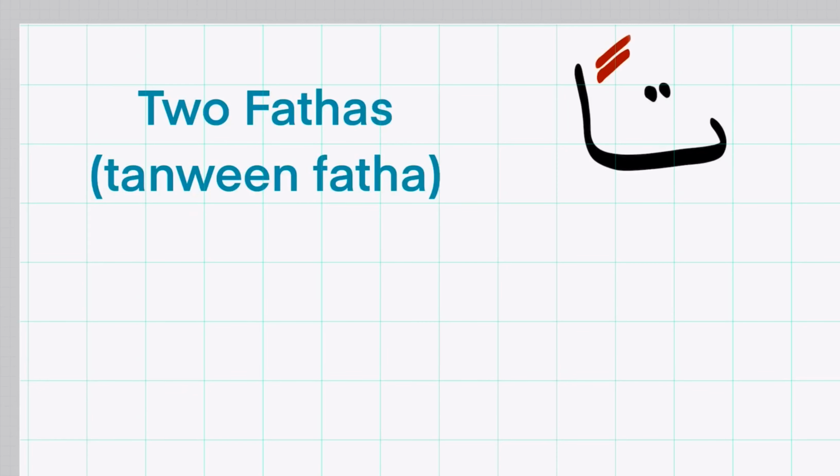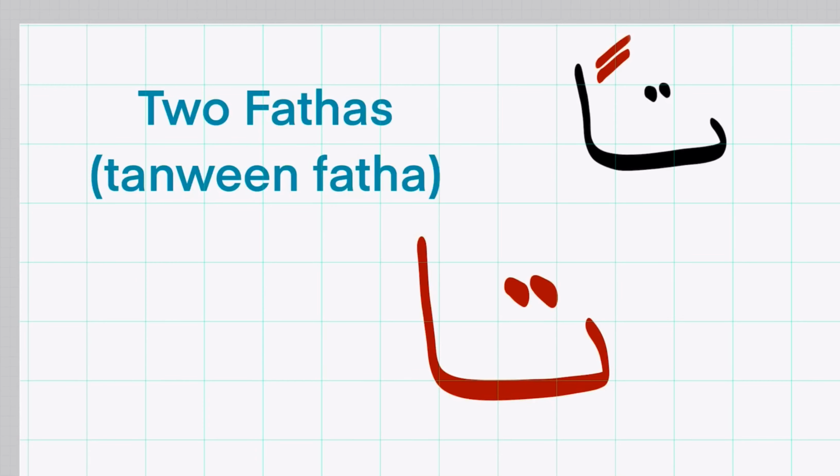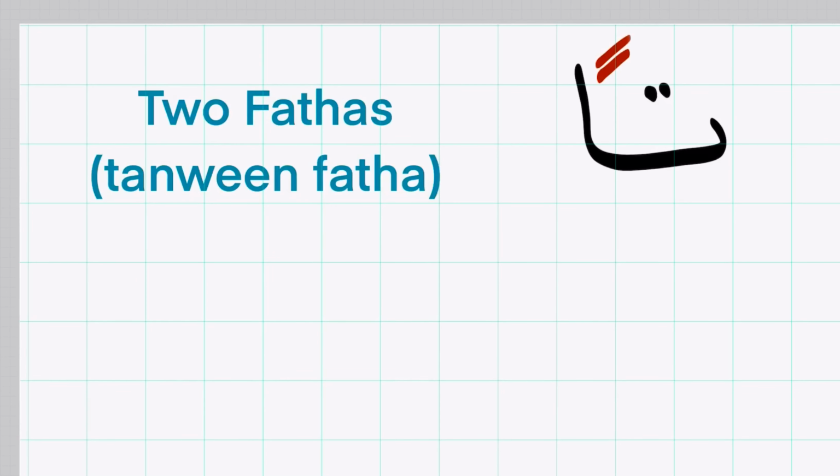So here it becomes, because you have the short vowel fatha duplicated, the first remains, the second is converted to an n. This is pronounced as tan. Again, tan. Let's practice.